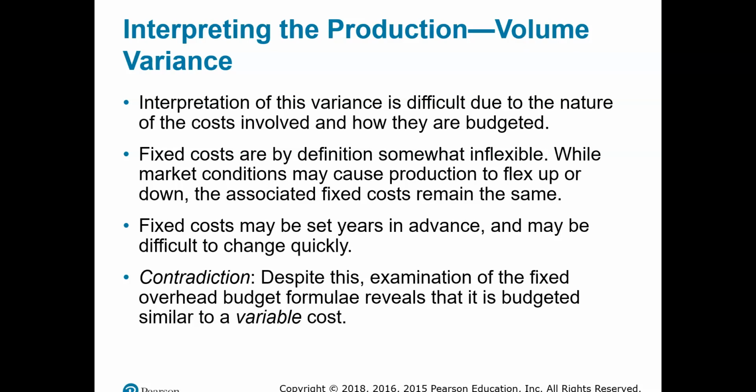If you're paying your production manager or your supervisor $60,000 a year, then you're paying them based on working that year, not based on a per hour rate, which in some cases, if they work more, they get paid more. If they work less, they get paid less. That's an hourly worker. With salaries and management, they're given a fixed dollar amount each year. So those costs are not going to change quickly.